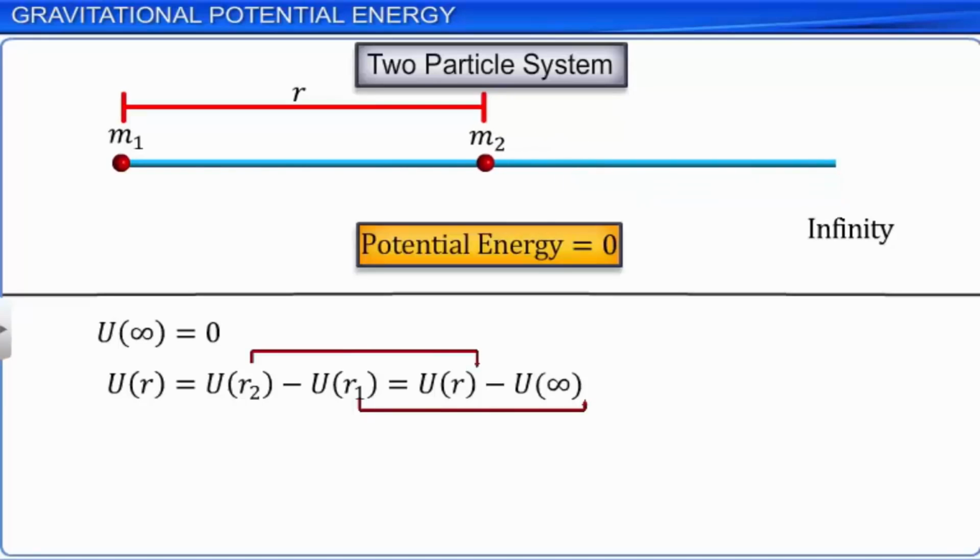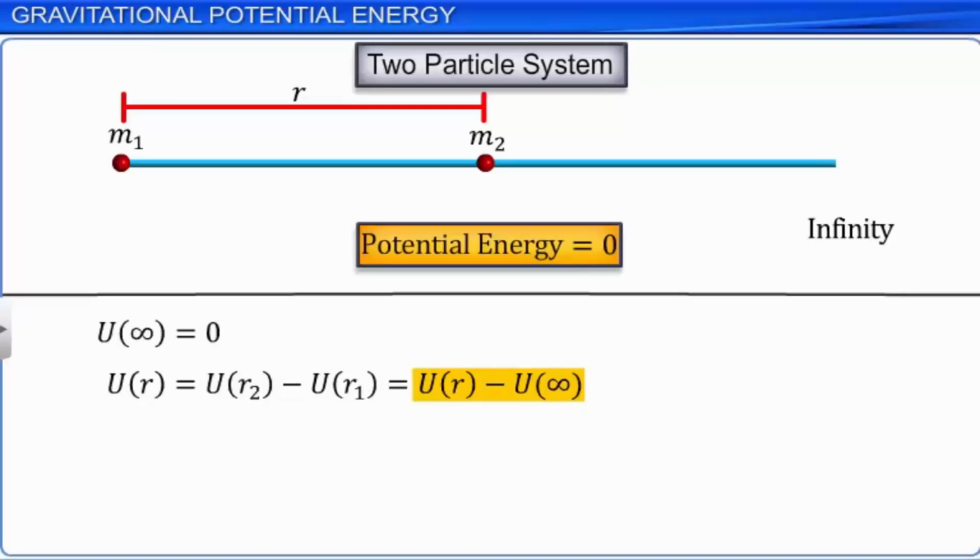Thus, the gravitational potential energy of the two-particle system separated by distance r is denoted by U(r) is equal to minus G m1 into m2 by r. Let this be equation 6.